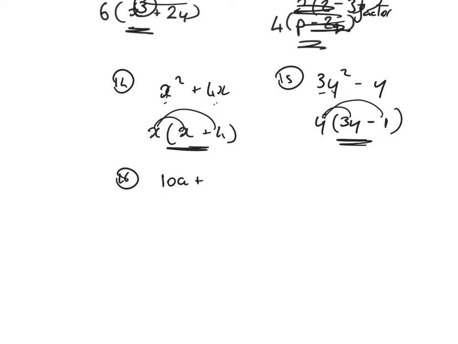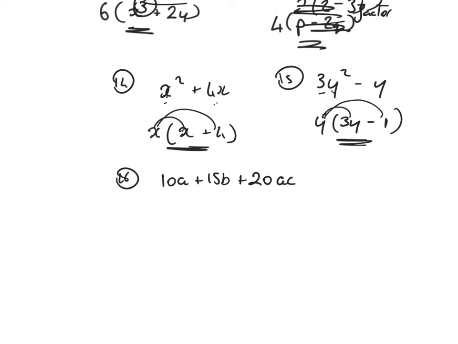Example 16: 10a plus 15b plus 20ac. Okay, so for highest common factor, I take as much as I can possibly take. I've got 10, 15 and 20.